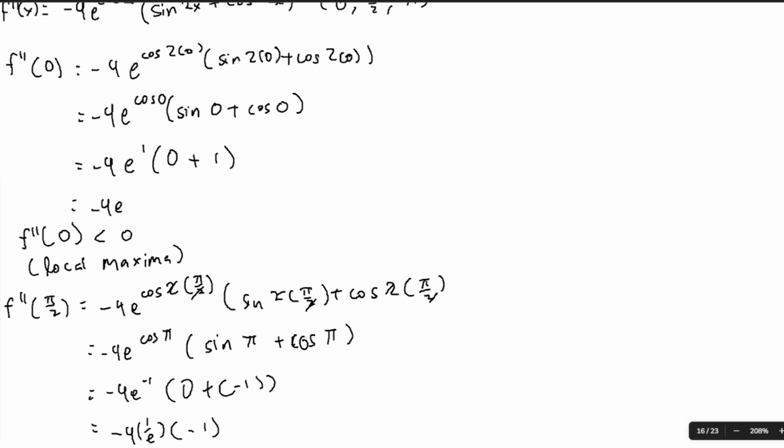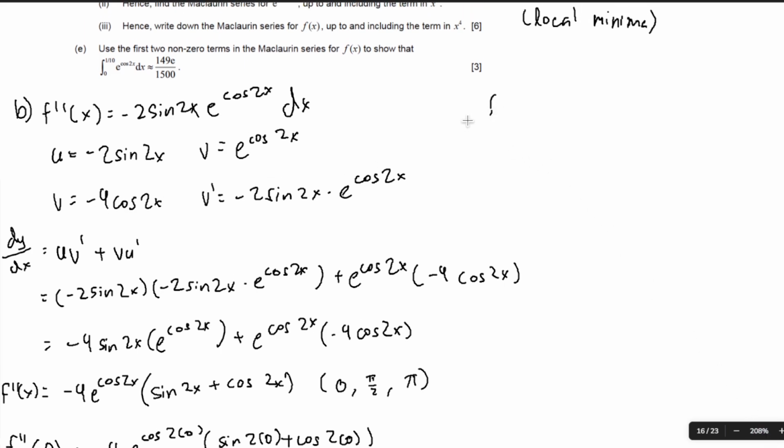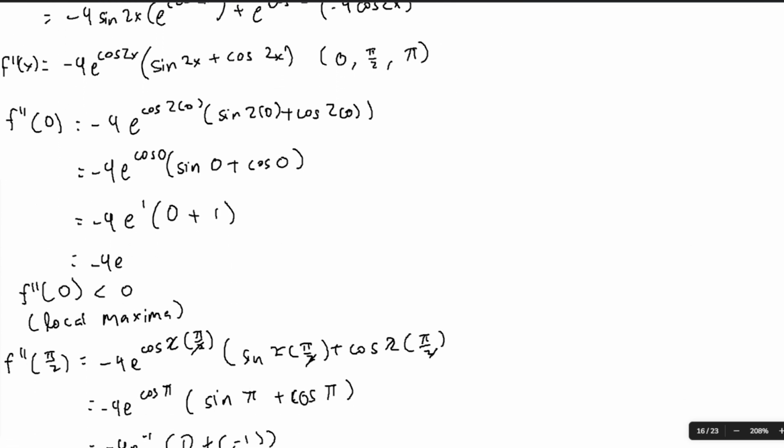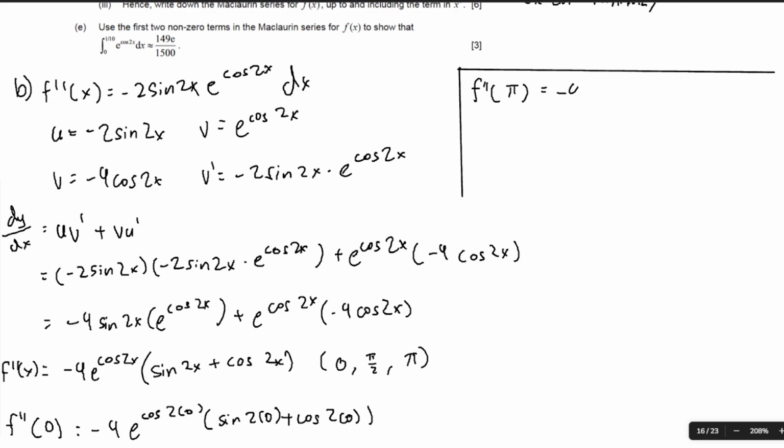Then lastly, we do our f dash of pi, which is equal to minus 4e cos 2 pi times sine 2 pi plus cos 2 pi.